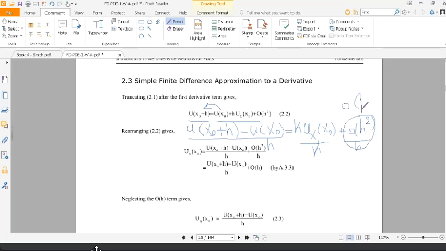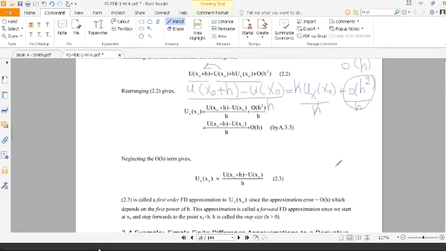The order of error is 1, the first order error. When we neglect the O(h), we obtain the approximate formulation for the derivative of u with respect to x, and we have u_x at x0 equal to u of x0 plus h minus u of x0 over h.